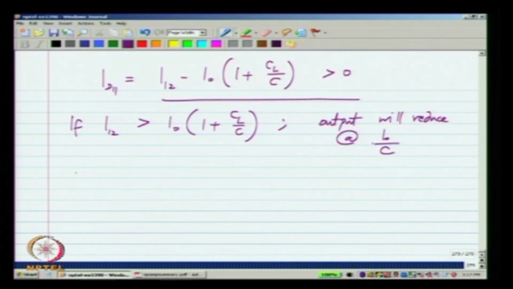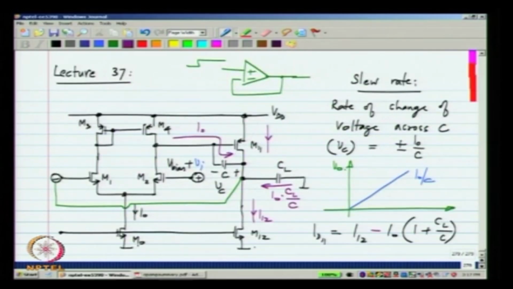Okay. But what happens if I12 is less than I0 times 1 plus CL by C? What happens in that case is that as we apply a negative step to Vi and make the size of step larger and larger, more and more current will flow into the integrating capacitor.